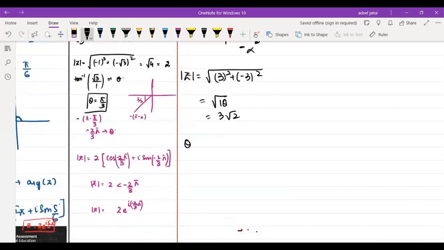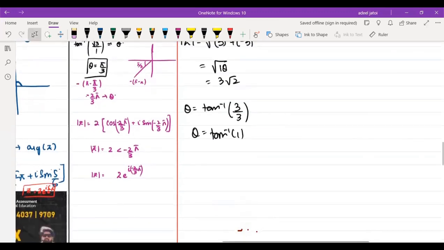Whereas theta will become tan inverse, or the alpha that we are calculating. So this should be 3 upon 3, which is what? Theta is equal to tan inverse 1. Now, normally in the degree form, tan inverse 1 is 45. So here in this form, this is pi upon 4.